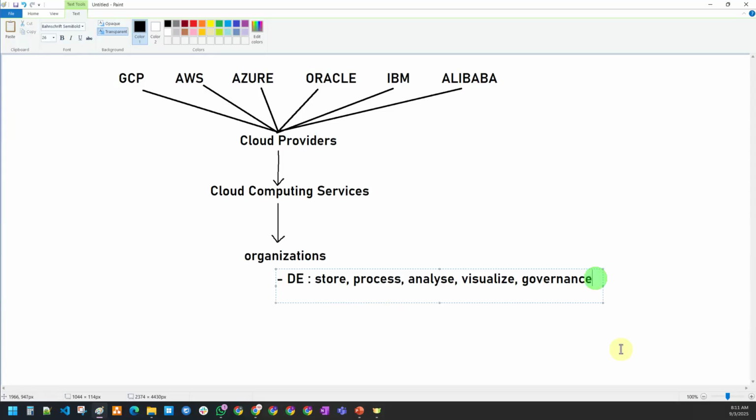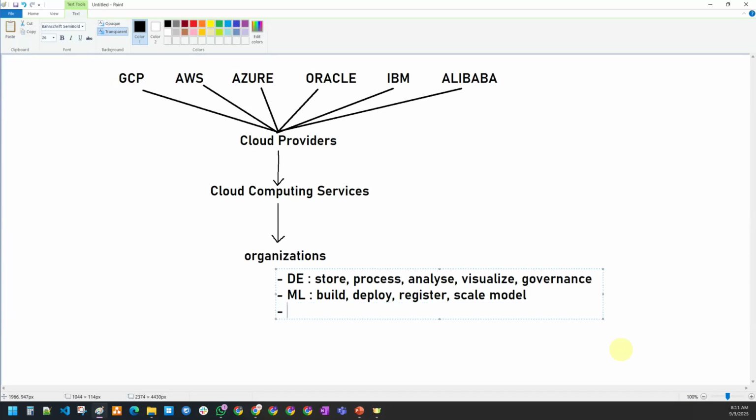Similarly, not only for data engineering but also for ML. If you wanted to build an ML model, deploy the model, register the model, and scale the model, you don't have to worry about it. There is a separate service available in the cloud platforms. The cloud providers are providing you the cloud computing services.